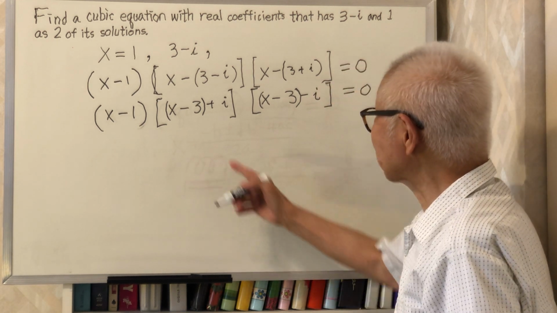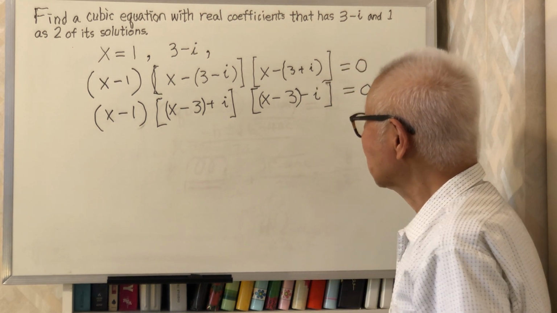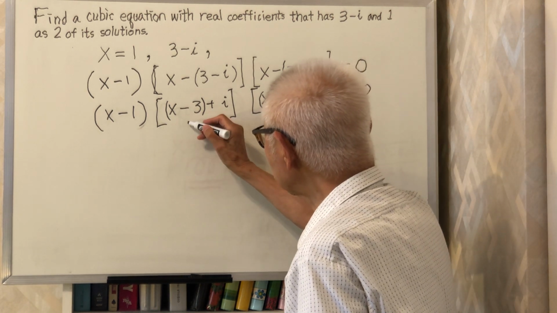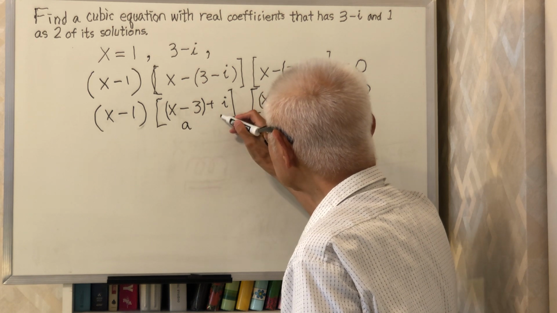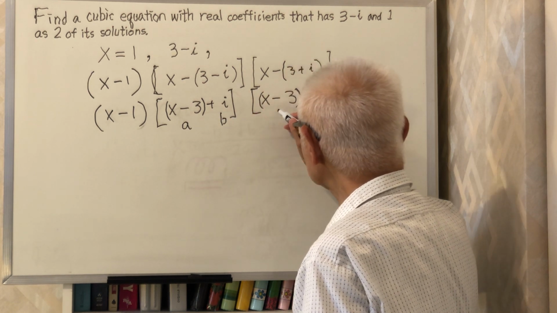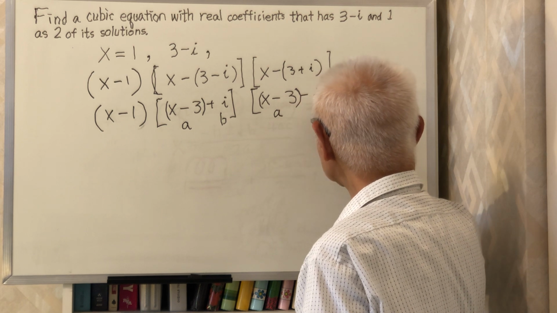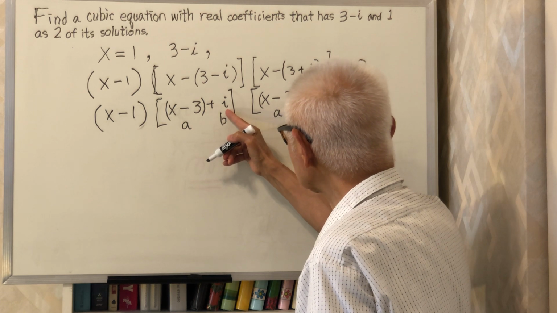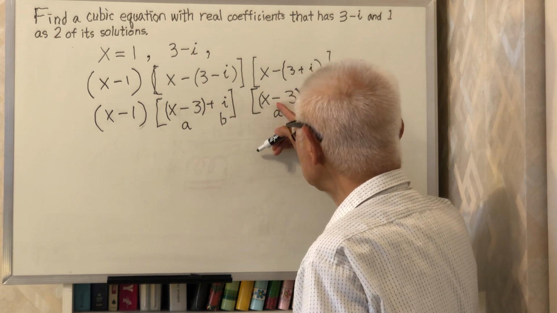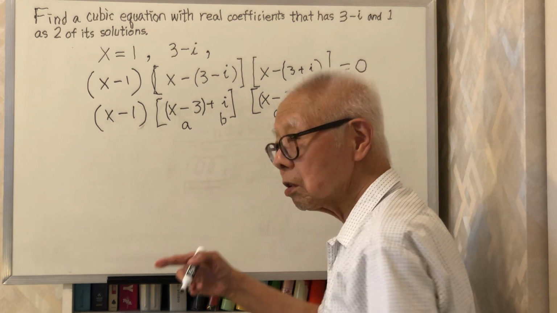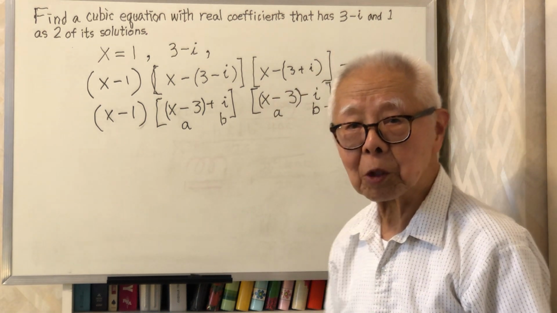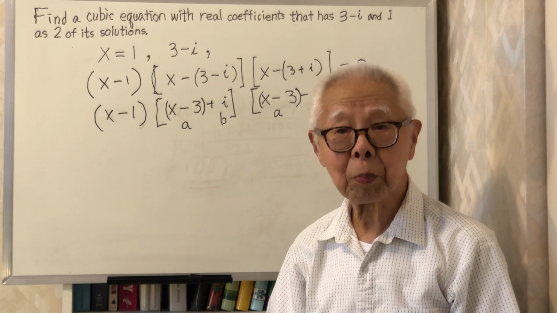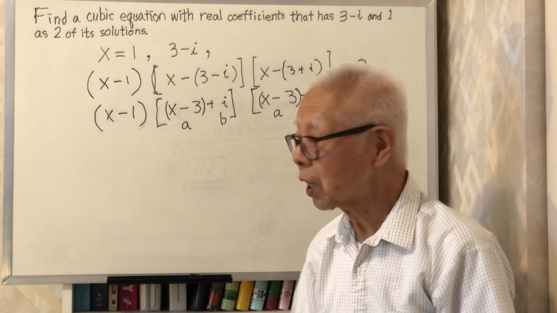So why do I do that? If I do this, I can see that this is my A, this is my B, and this is my A, this is my B. So I have A plus B multiplied by A minus B. That's the difference of two squares.